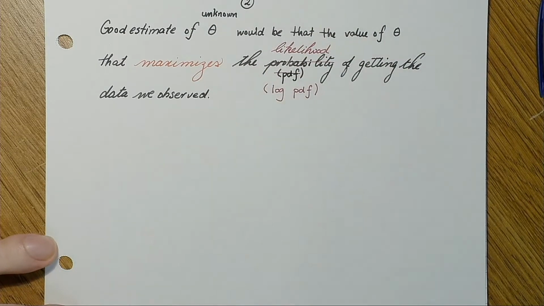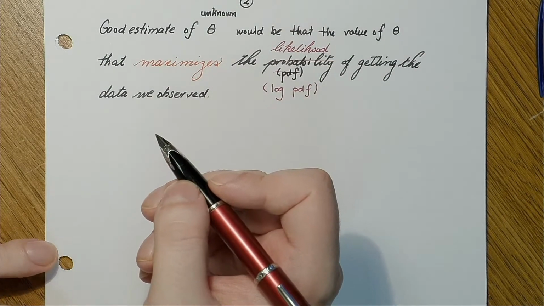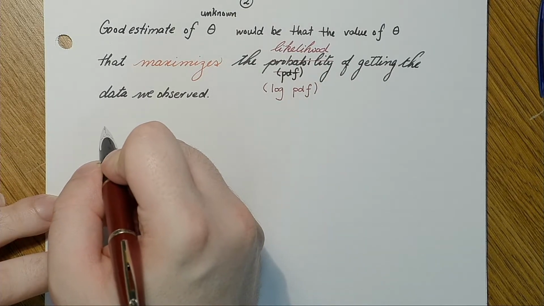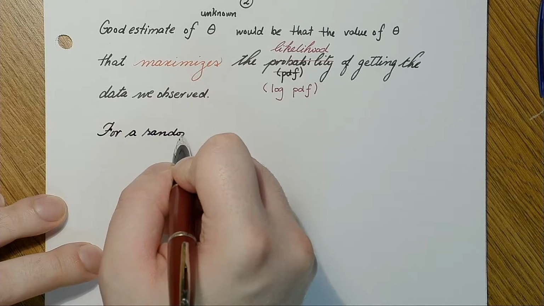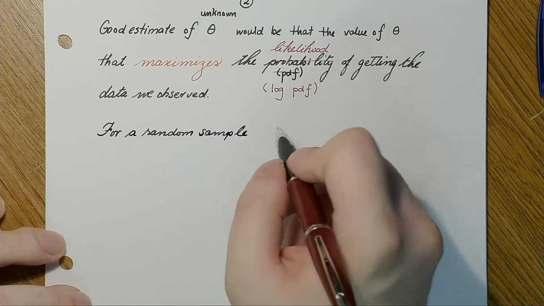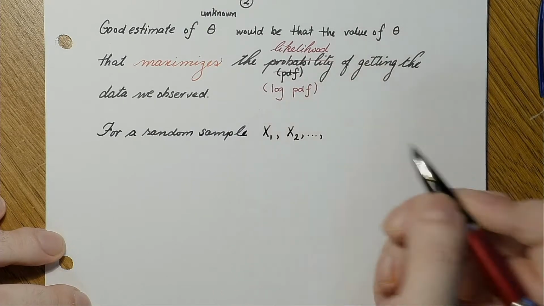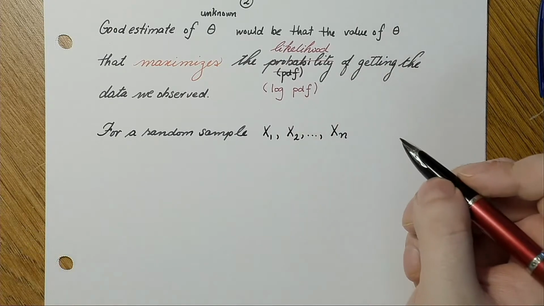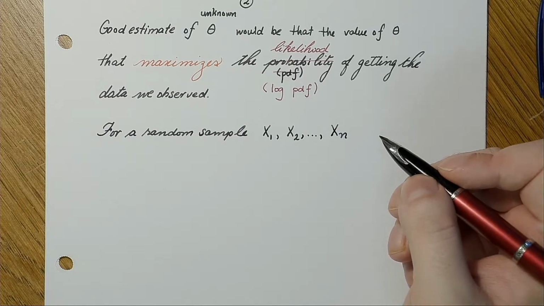So I was talking about the likelihood. What is the likelihood? So again, we have some random sample. Now in the textbook, they kind of dance around not having to use some of the notation.